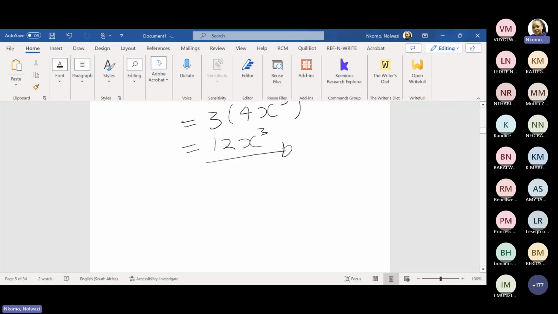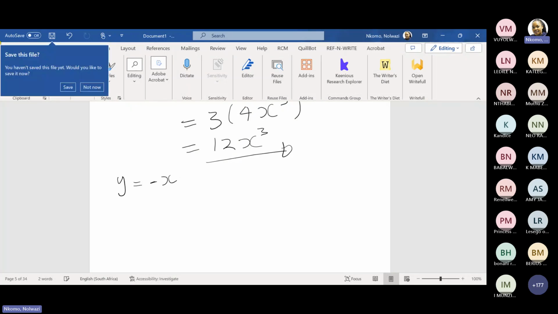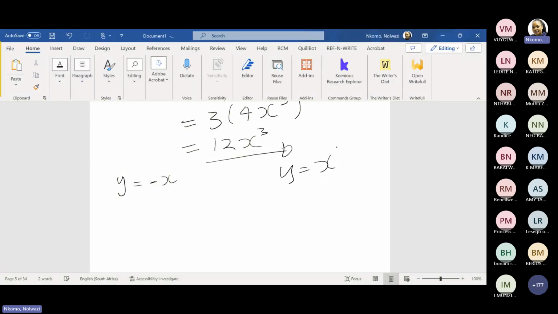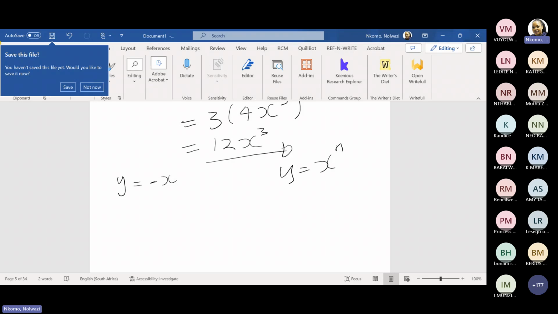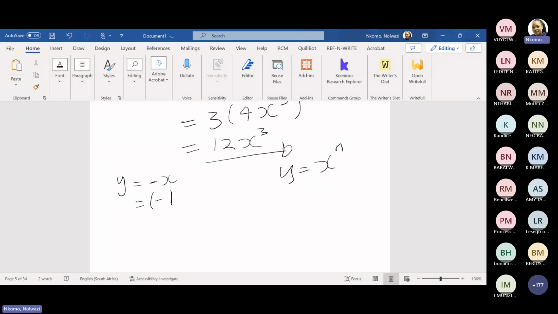Again, let's do another example. Suppose you are given y equals minus x, and you are asked to find the derivative of this function. Remember, for the power rule, we have y equals x to the power n, not minus x. Now we have minus x, meaning we can write this function as y equals minus 1 times x, so that here we can use the power rule.